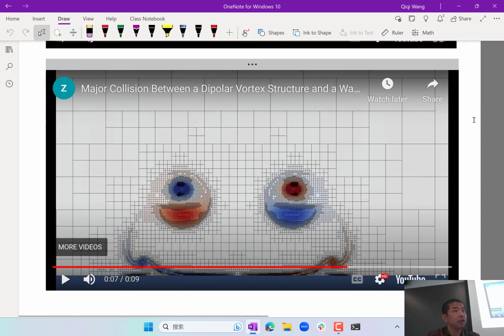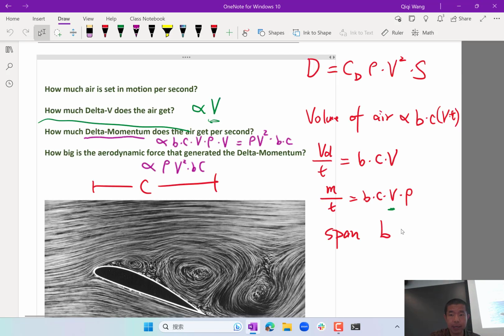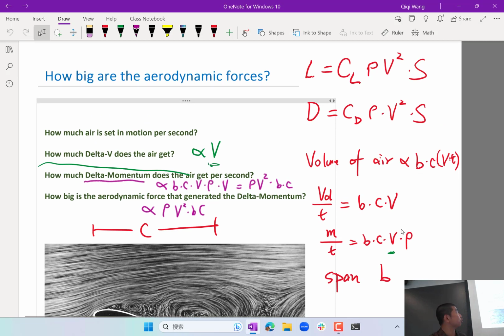And so we'll look in a lot more detail at the flow structure behind it, which is driven by the dynamics of vortices. Before we look into that, in the last lecture we looked at the magnitude of the aerodynamic forces.